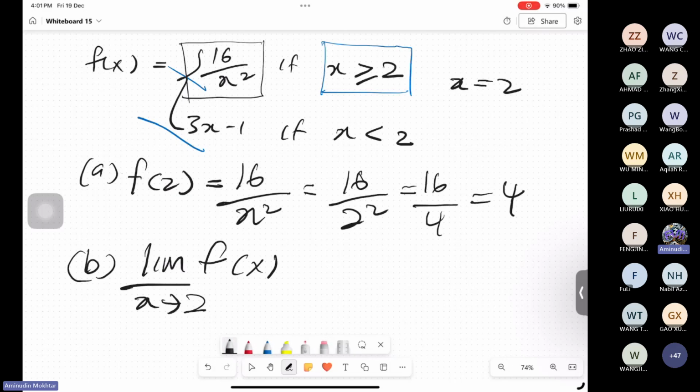We need to determine the limit of f(x) when x approaches 2. So what is f(x)?